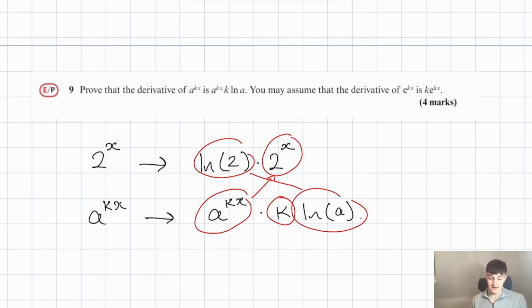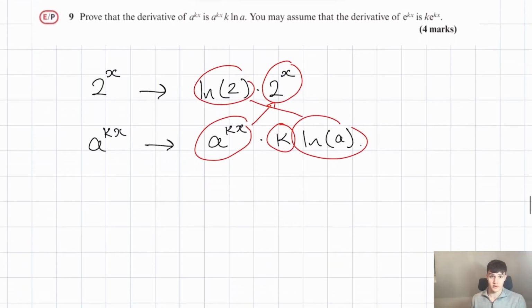The way to prove it is to do the exact same thing as I did before. Let's just consider a to the kx, and let's write it in a nicer fashion as I did with the 2 to the x beforehand.